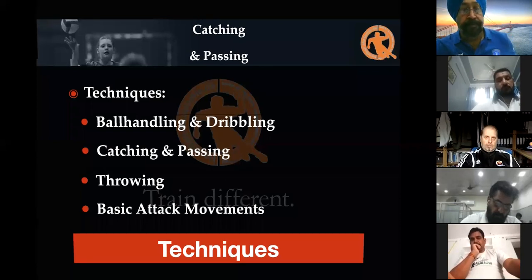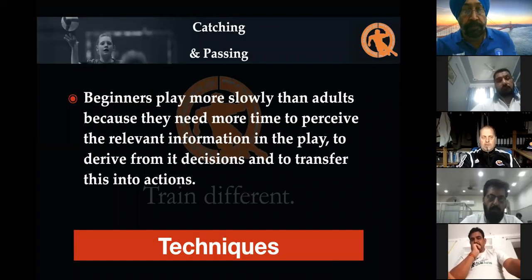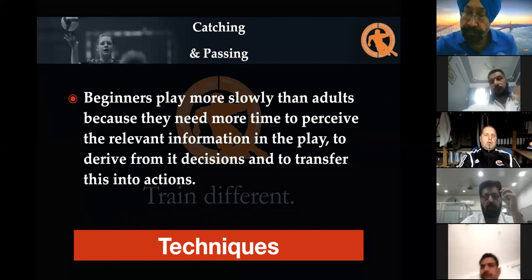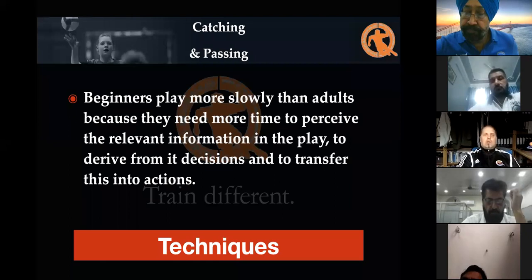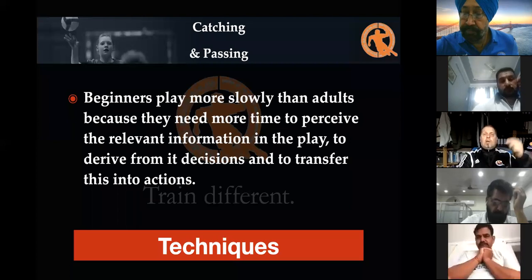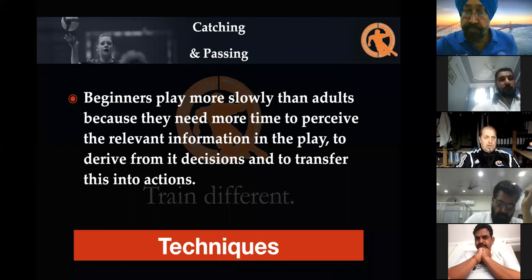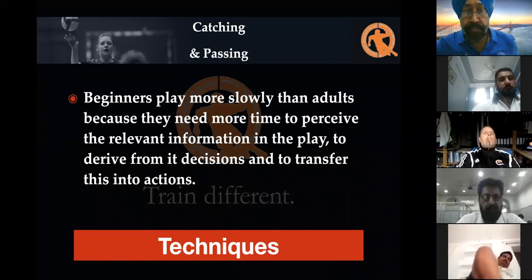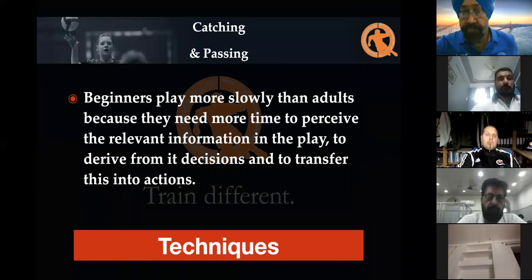Now, coming back to the beginners level, we always have to see that they are playing quite slow compared to experienced players or adult players, because this depends on their speed of perception and dealing with the information on the court. So that's why experienced players have an advantage from their experience, because they know where to look and what to observe, and from this filtering the information, they can have a quicker and even more successful decision making after that.